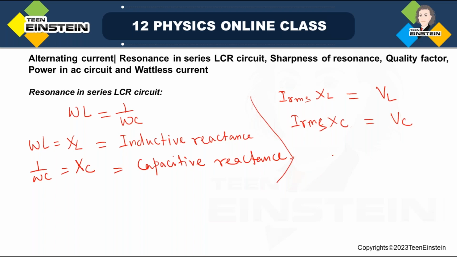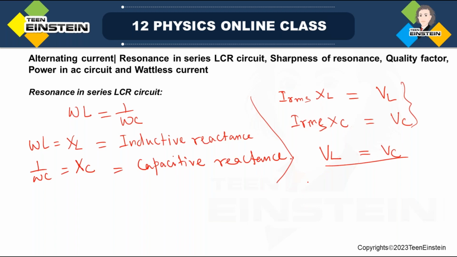So what is the actual condition for resonance? When the voltage drop across the inductor coil becomes equal to the voltage drop across the capacitor, then they will cancel each other.